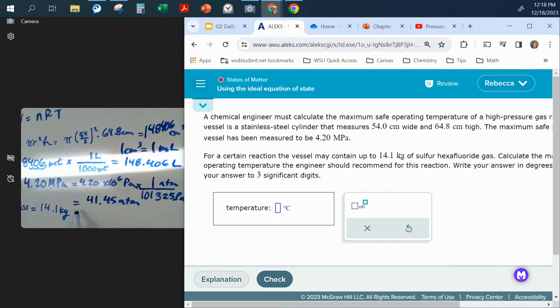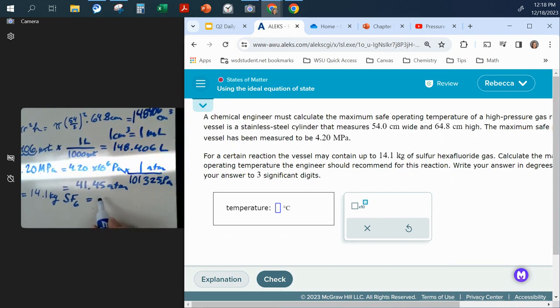So what's the formula? It's telling us sulfur. How many fluorides? 6. So first I'm going to put this in grams. So I'm going to times by 1,000. So 14,100 grams of sulfur hexafluoride.